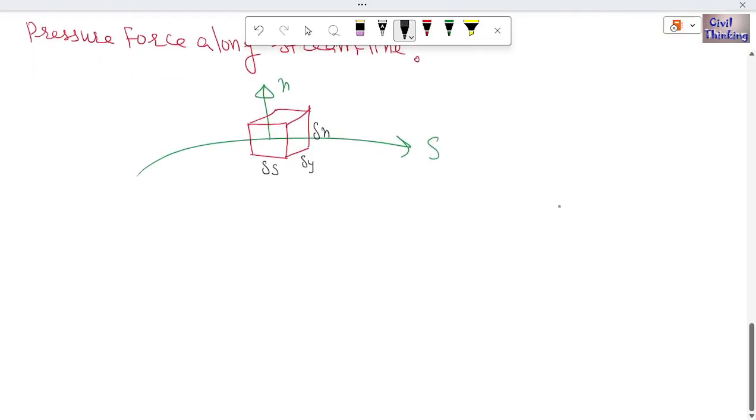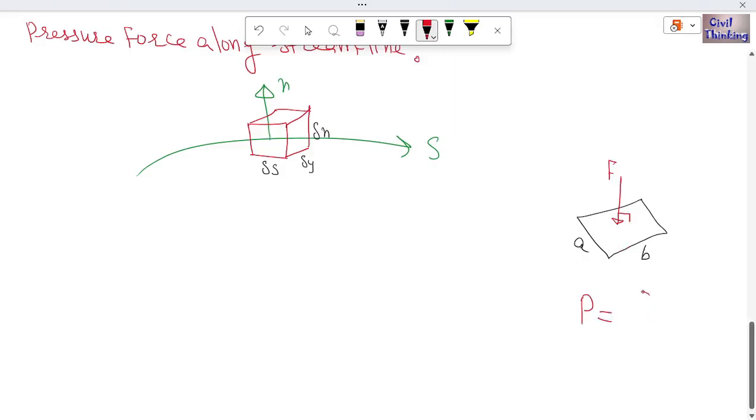Let me tell you one thing first. Let us consider a body, and a face of it. A is the width and B is the length of this rectangle. Now let's say we have a force F on it, perpendicular to this face AB. Then what is the pressure?